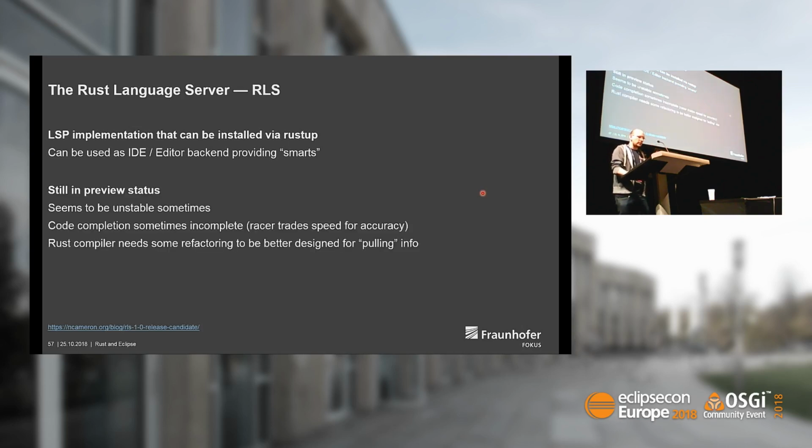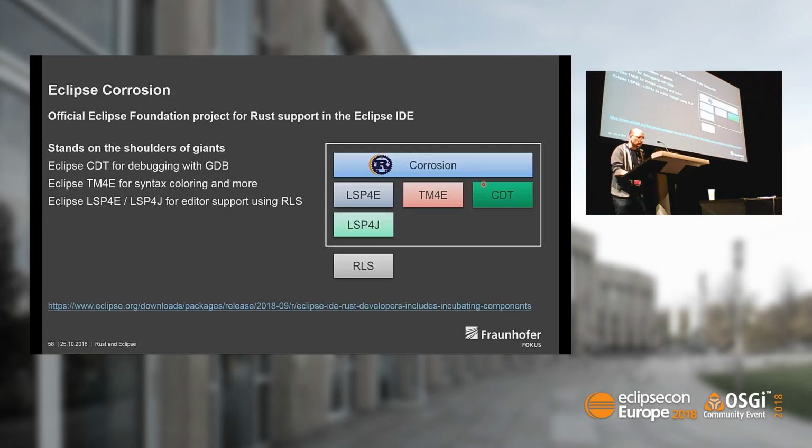It is sometimes a bit unstable, and completion results for code completion are not always this great. The Rust compiler needs, at the moment, some refactoring to make this work properly. And I think it will be sometime next year when there are reliable code completion results, for example.